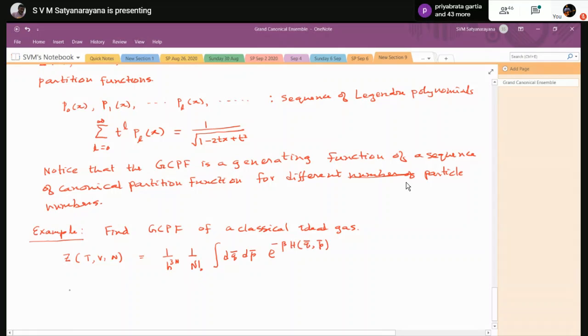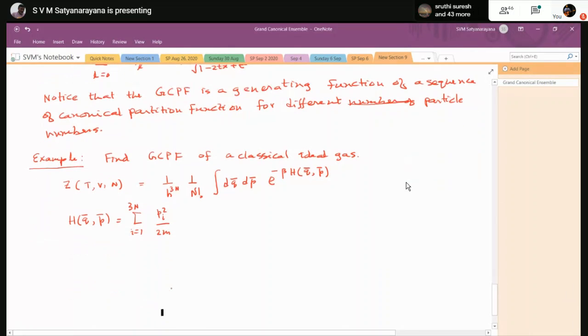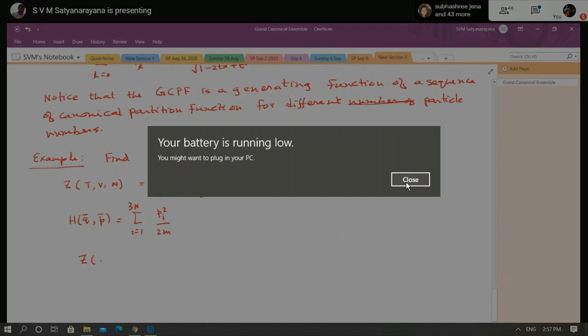For a classical non-relativistic ideal gas, H of q bar, p bar is the sum over i equal to 1 to 3N of p_i squared divided by 2m. These are all free particles.